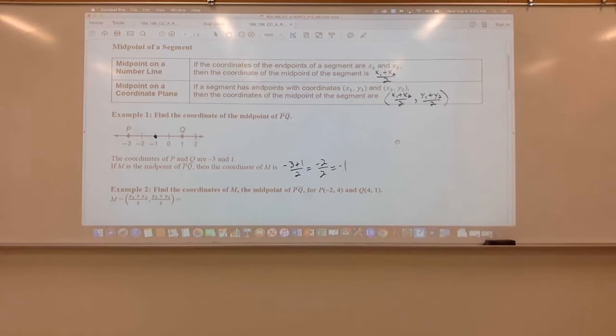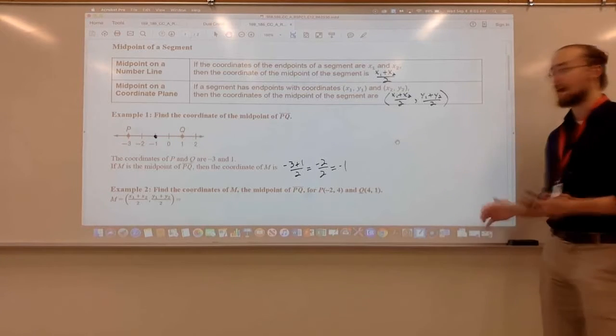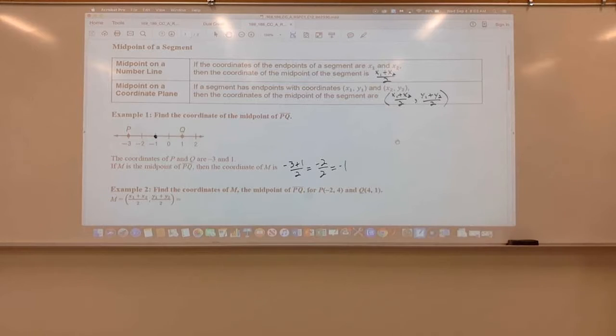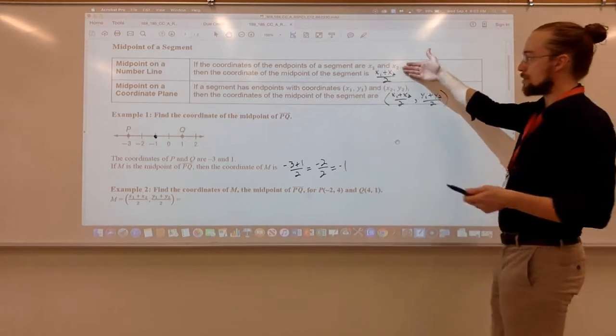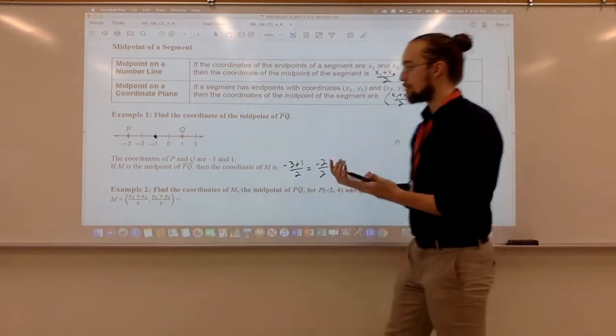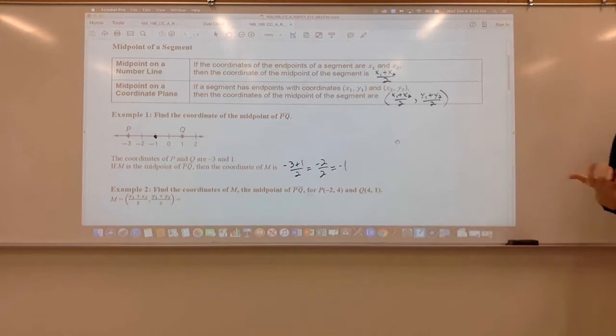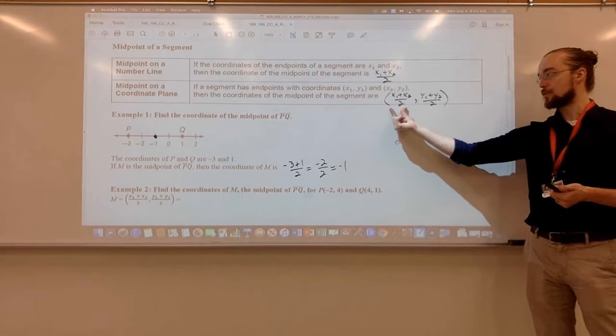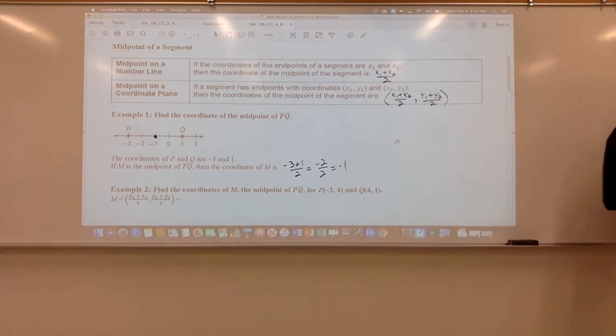Okay? All we're doing to find midpoint is taking the average. If I'm just given one dimension, I'm just taking the average of those two numbers. If I'm talking about 2 dimensions, right, on a coordinate plane, I'm going to take the average of the x coordinates and separately take the average of the y coordinates.